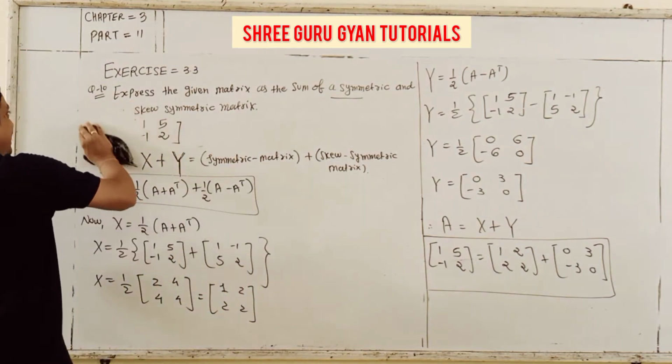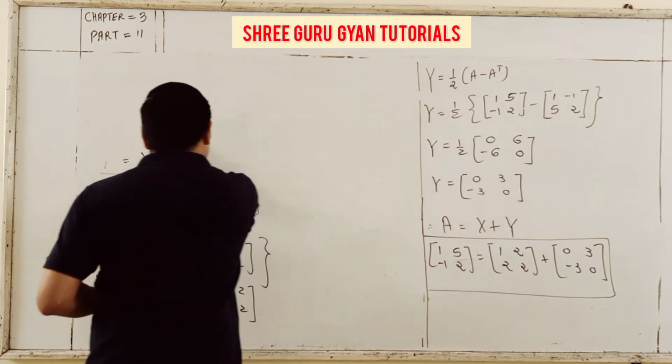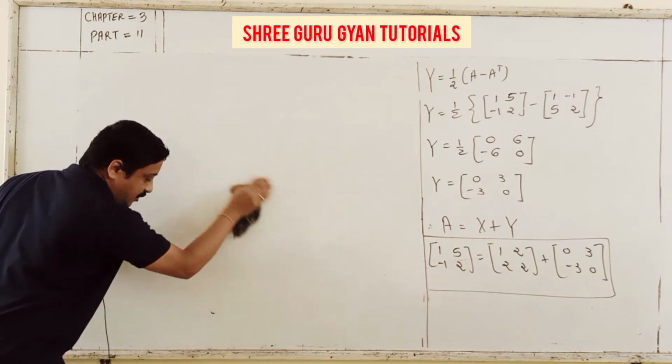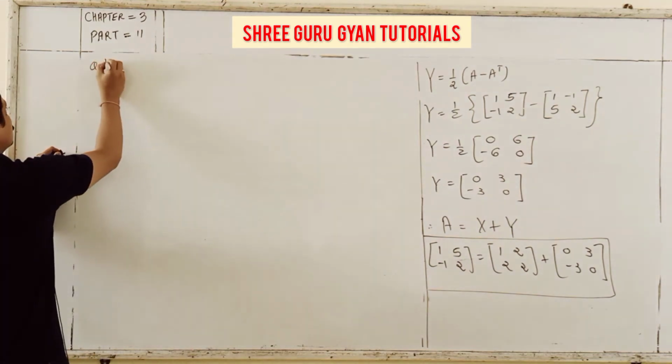Now I will start my question 11. Questions 11 and 12 are both MCQs. These are MCQ type questions. You will apply very easily in the solutions.